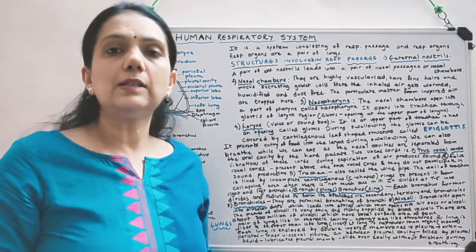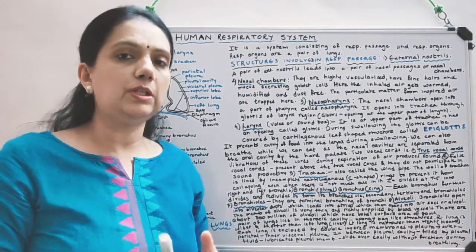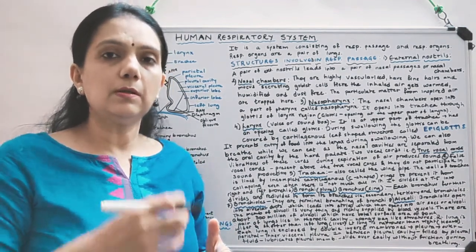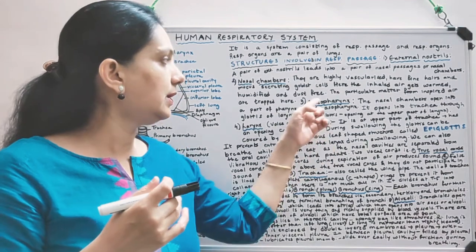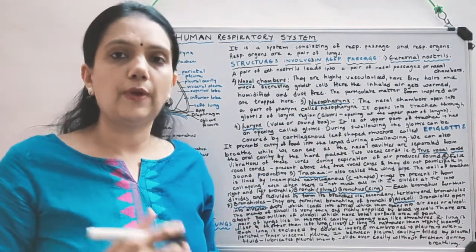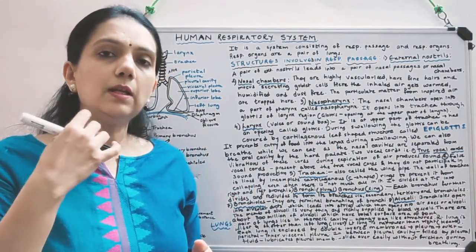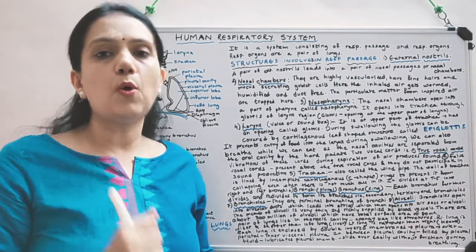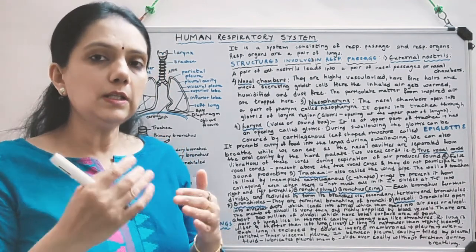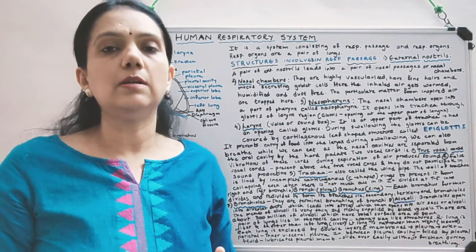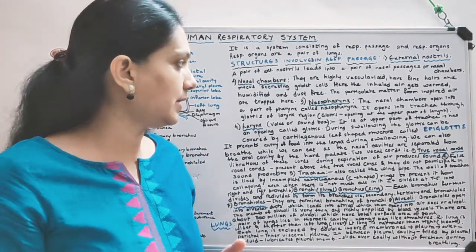Now this pharynx is actually divided into three parts. The first part of the pharynx, which is related with the nose, is called the nasopharynx. When it is related with the mouth, it is called the oropharynx. And when it is related with the larynx, it is called the laryngopharynx.